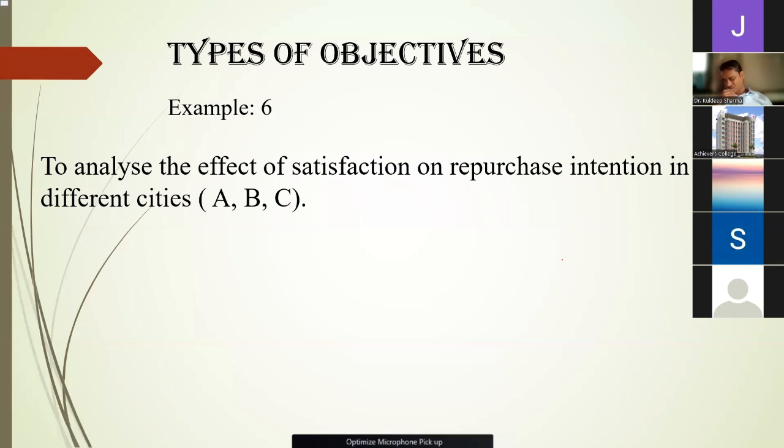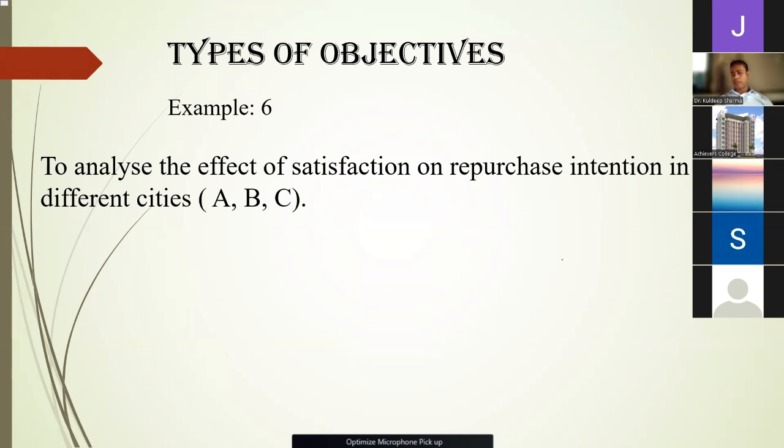So multivariate variable. Can you give me a reason for that? So effect of satisfaction, then on repurchase intention, and the third one, different cities. Not a single city is considered here. Different cities are considered, A, B, and C. So total three.